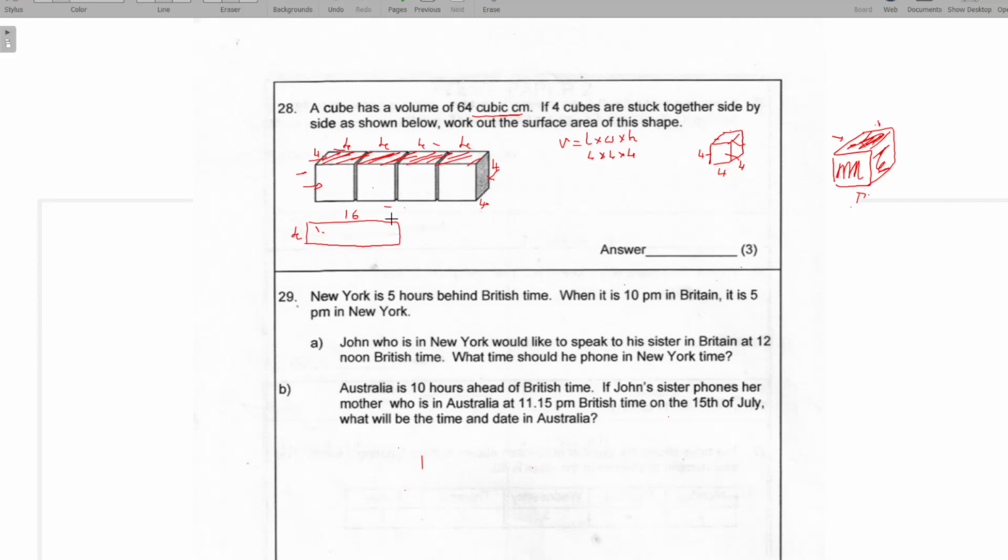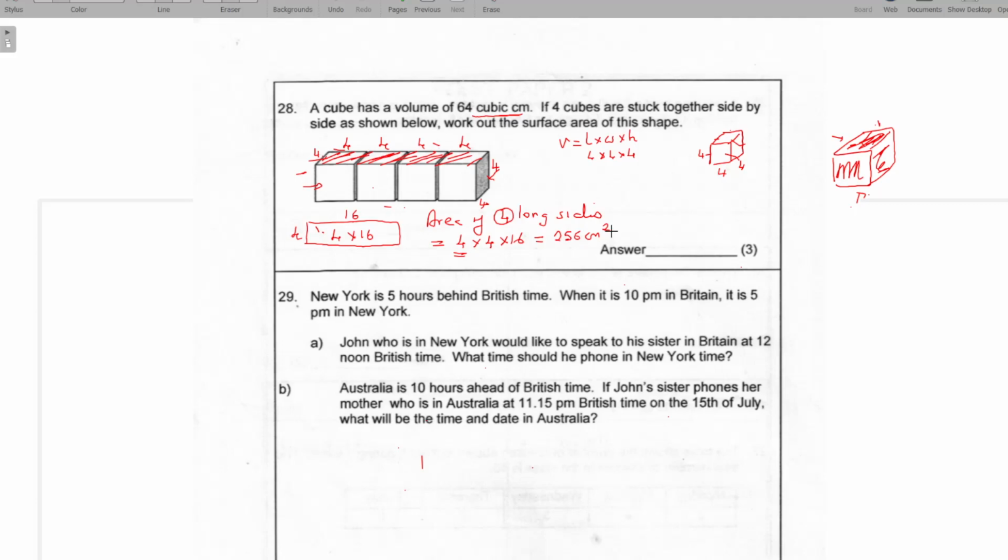So area of the long sides, area of 4 long sides would be 4 times 16, because we have got 4 sides. So that will be 256 square centimeters, or you could say centimeter squared.